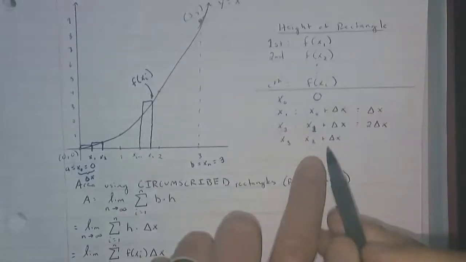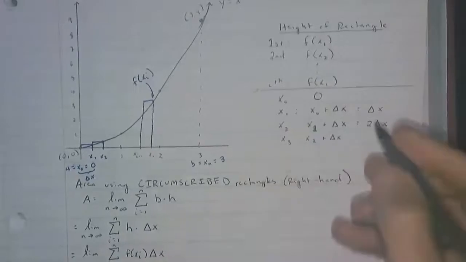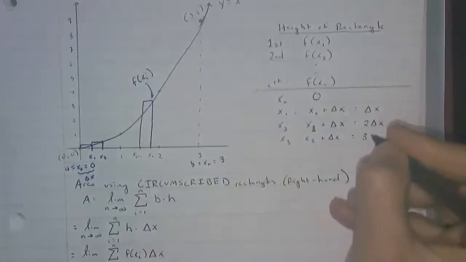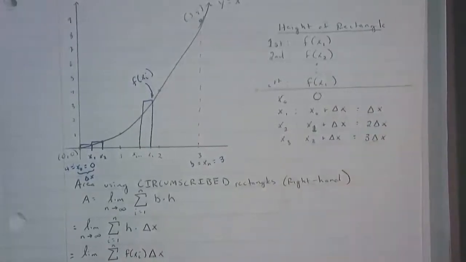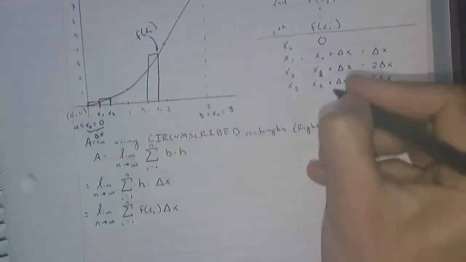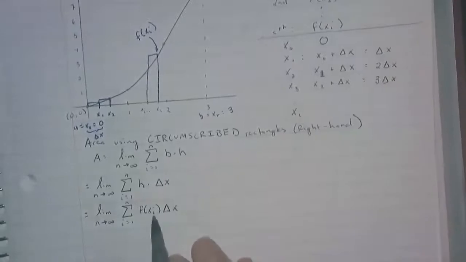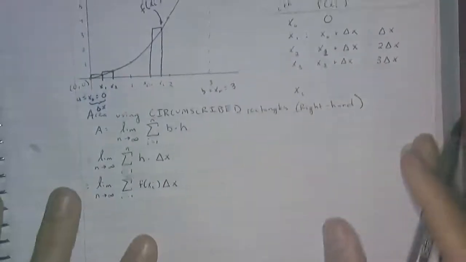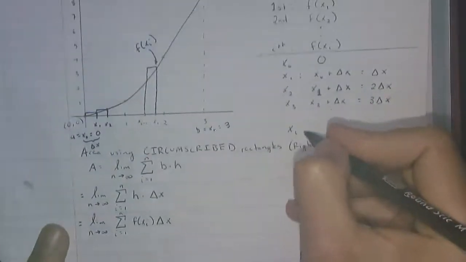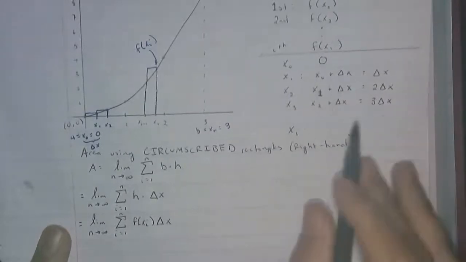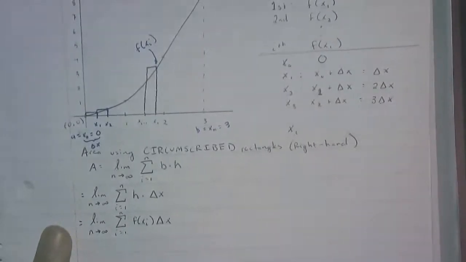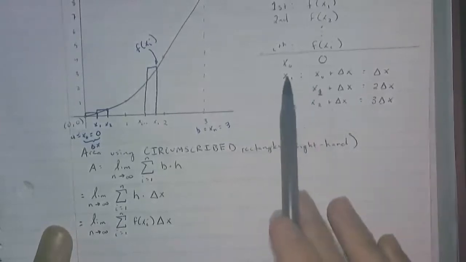Well, x sub 2 was 2 delta x's, so this should be 3 delta x's. Which means if we have x sub i, because that's what we're going to plug in here, what do we think x sub i is going to be in terms of delta x's? We see this pattern emerging.